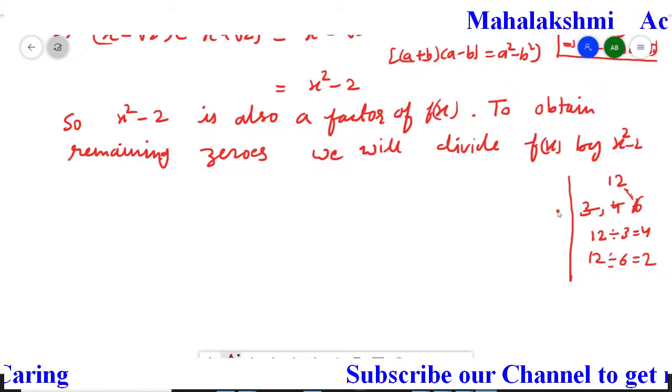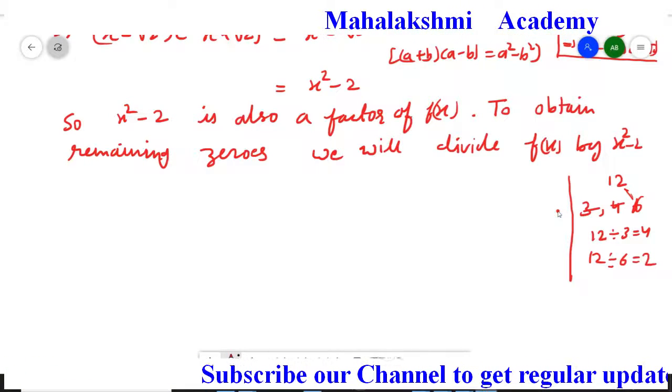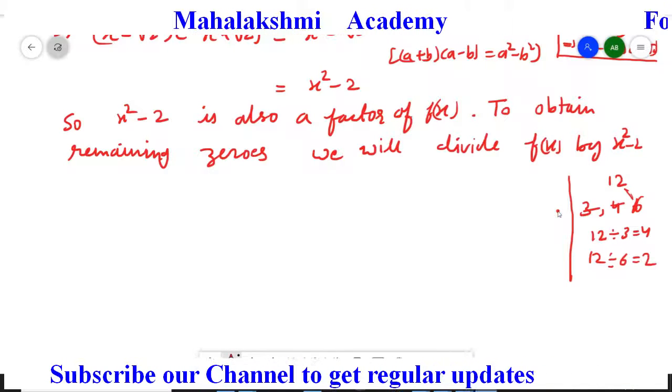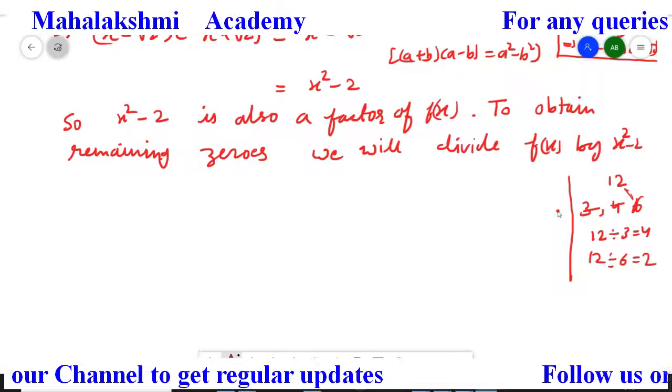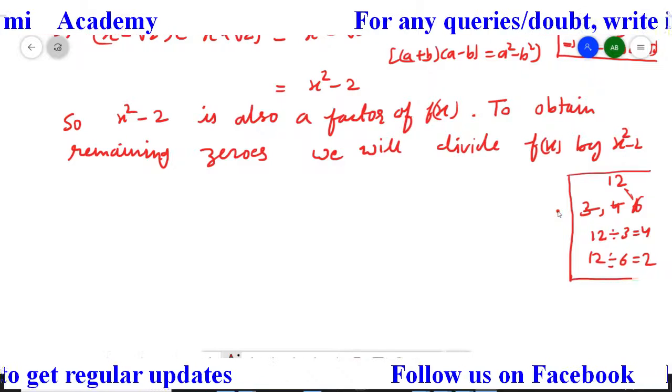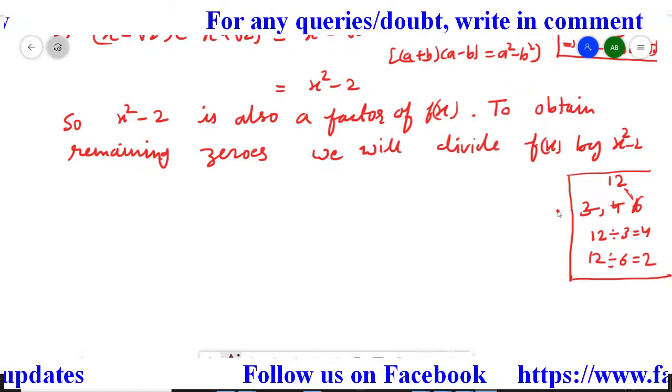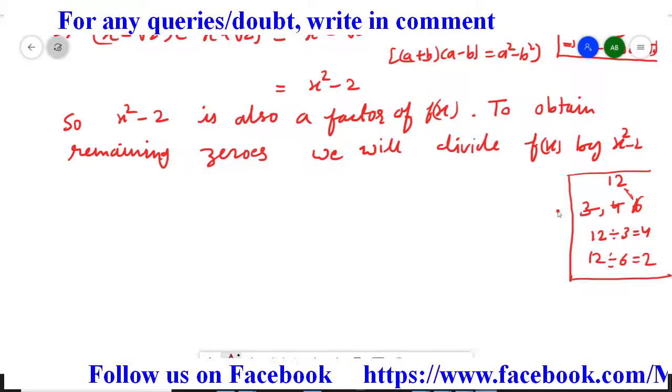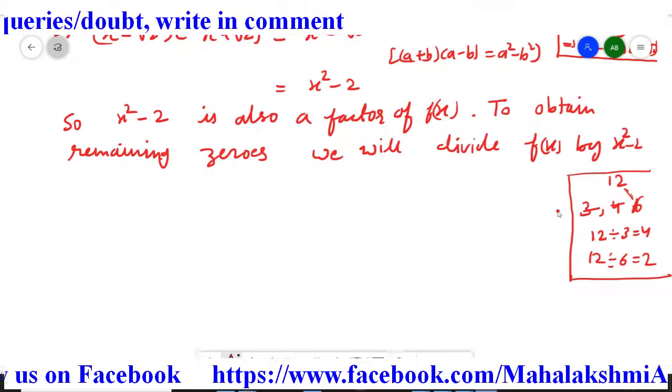So if we know any one or two factors and want to find out the other factors, then you just divide the given number by the given factor. Then you will get the remaining factor. In the same way, here also two factors are available to us.